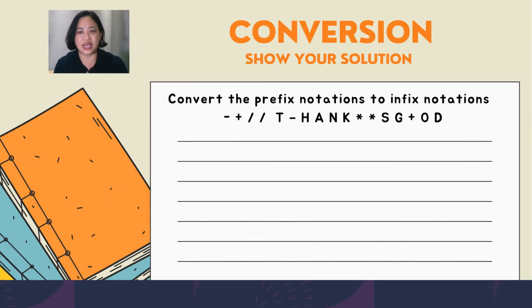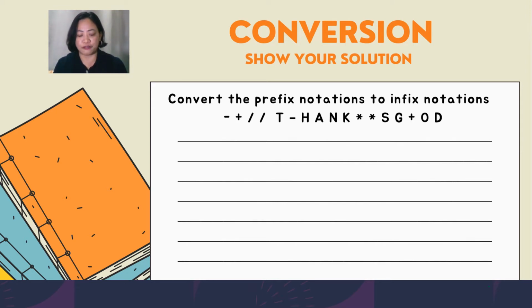So in this given example, we have a prefix expression, and we're going to convert that to infix notation. As you have noticed, the given example is minus plus divide T minus H A N K times S G plus O D. Looking at that expression, the operator comes before the operands.